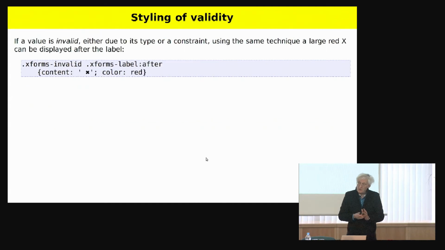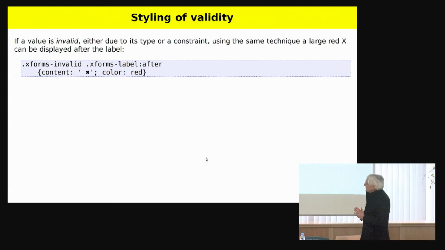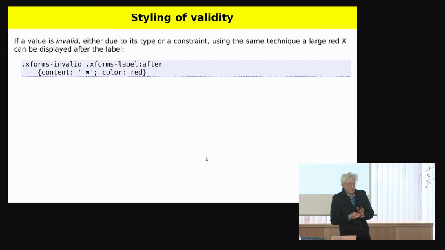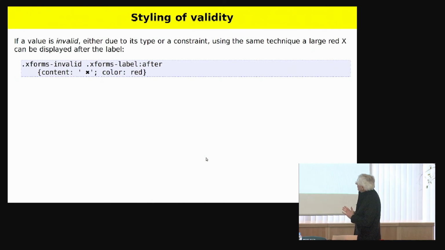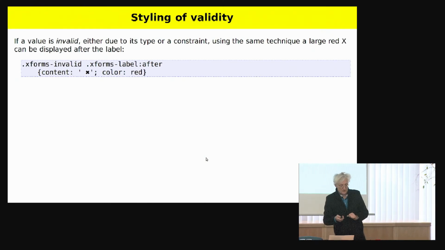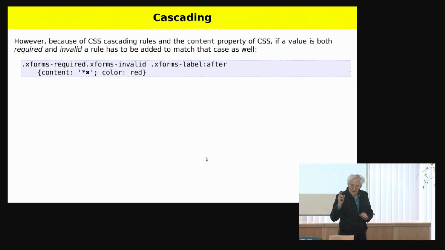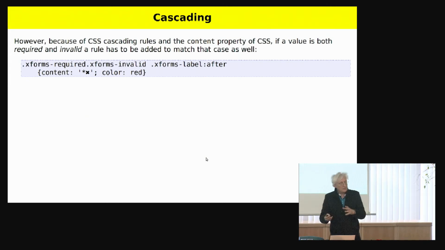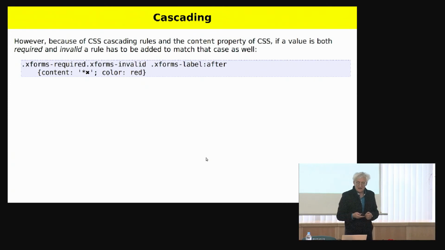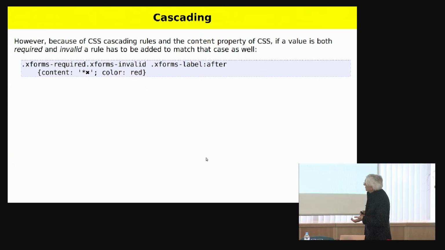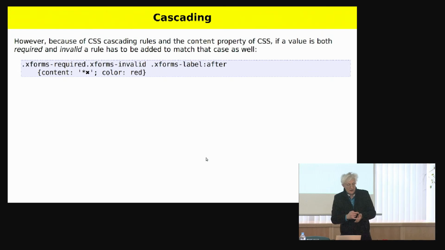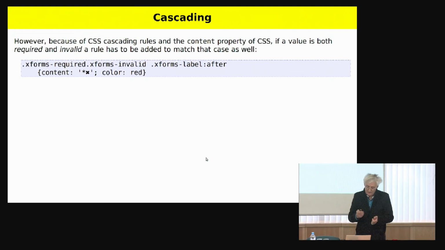Similarly with invalid, again, we don't have to include an element for the icon at least, because we can just insert it with the content property of CSS. What this does mean, though, is that if it's both required and invalid, then we have to insert an extra rule, which we didn't have to do beforehand, because of the way cascading works, so that we actually have to recognize the case of a control being required and invalid.